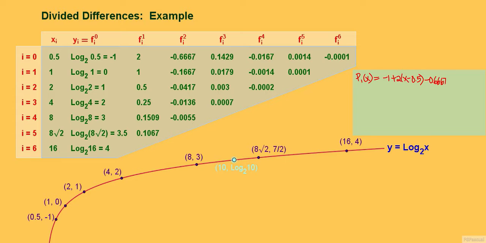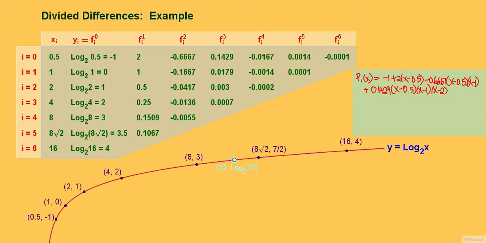We multiply this by x minus 0.5 and x minus 1. We include the second x-coordinate. We progress along the first row so that the next constant is 0.1429. And this is multiplied by x minus 0.5, x minus 1, and x minus 2.